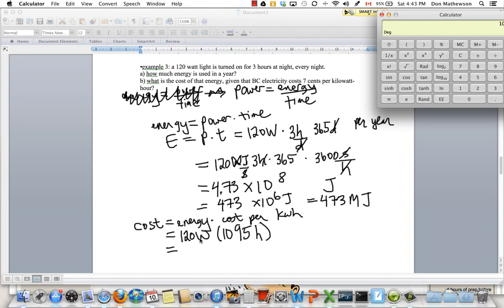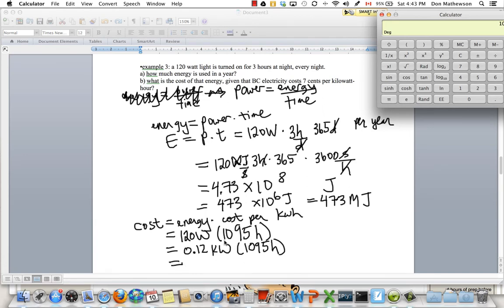Now, this 120 watts is actually 0.12 kilowatts, because kilo is 1,000. So what I'm showing you is that if you work out your energy as a power times time, and you express the power in kilowatts and the time in hours, when you multiply those together, you naturally get kilowatt hours.